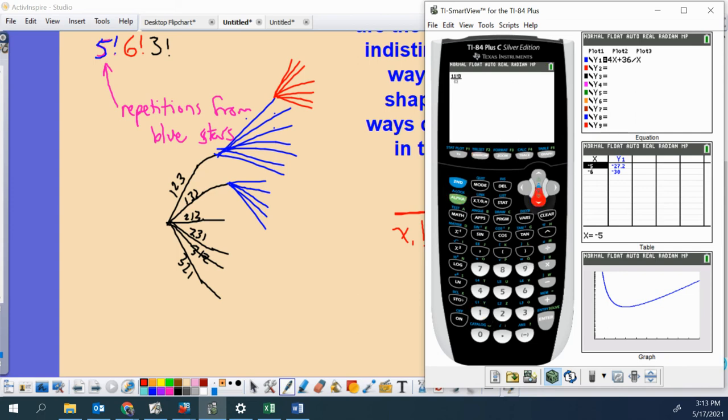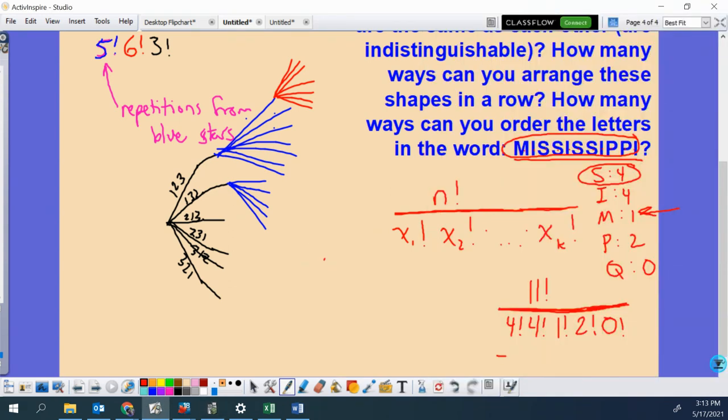And then I need a 4 factorial, a couple of those, and a 2 factorial. I'm just going to put times 2 because 2 factorial is 2. And there are 34,650 different ways you can rearrange the letters of the word Mississippi and have them actually look different. 34,650. The numbers can get pretty big because you're dealing with big numbers when you have factorials.